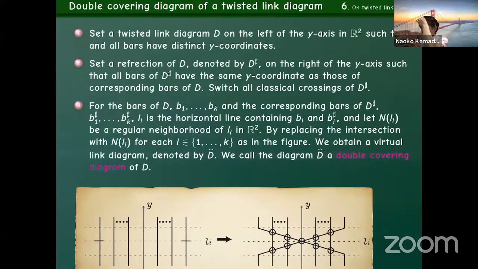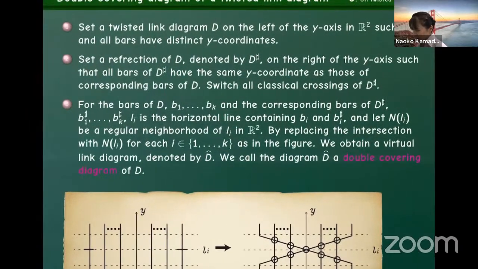It was already mentioned in Seiichi Kamada's talk, but let us recall how to construct it. Set a twisted link diagram D on the left of the y-axis in R2, such that all bars have distinct y coordinates.